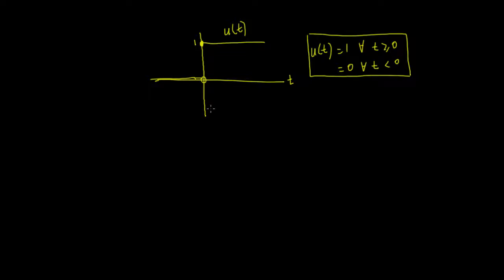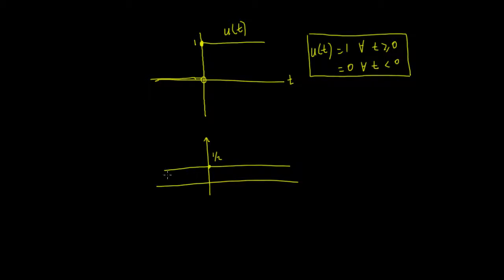So what we do is we make it up using another couple of functions. We produce this step function using this function here, which is just a line of height a half.